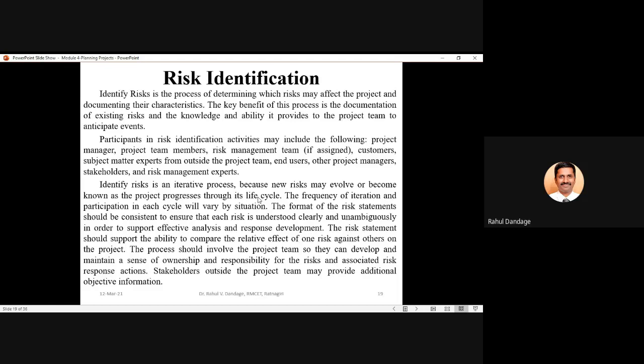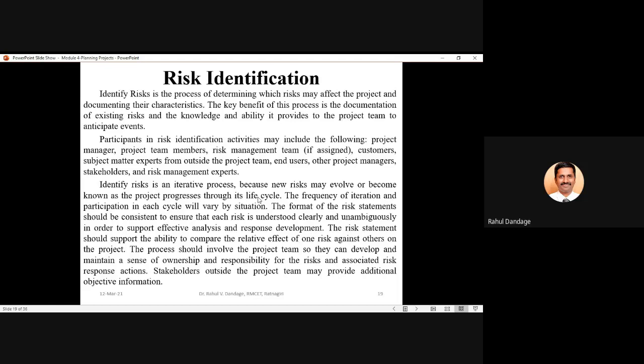Identify risk is an iterative process because new risk may evolve or become known as the project progresses through the life cycle. So risk identification is not a one-time exercise, not a single point-in-time activity. This will be an iterative, ongoing process.